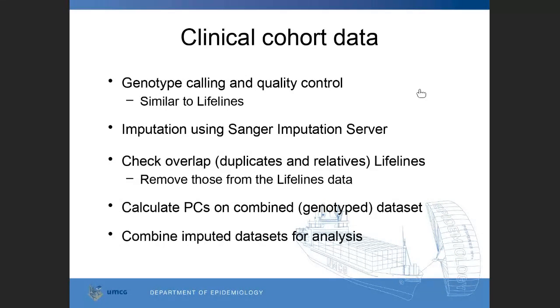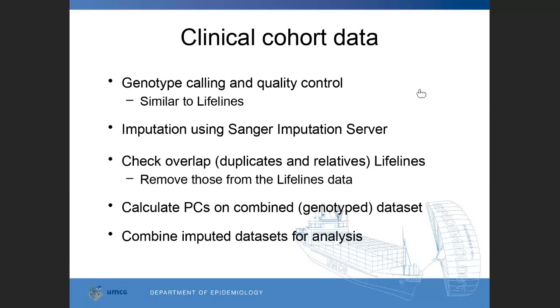Then the next step would be to check the overlap between Lifelines and the clinical cohort data, so check for duplicates. There might be samples that have participated both in Lifelines and in your case cohort, but also relatives.